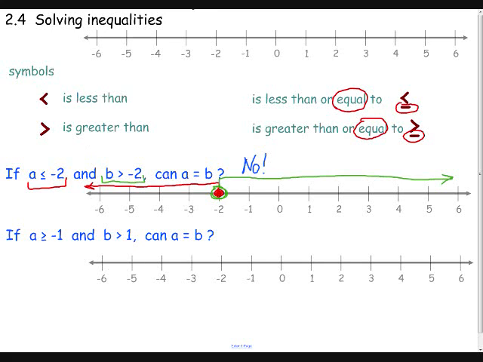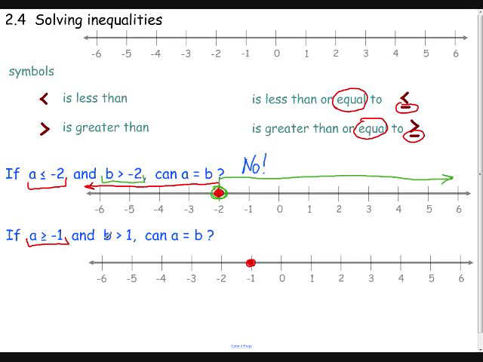Let's try this one. I'm going to again change my colors to help us follow what's going on. You can use color pens yourself, colored pencils in your work. Our boundary is at -1, and it's going to be a solid dot because it has an equals.